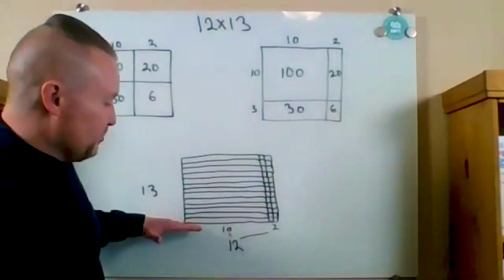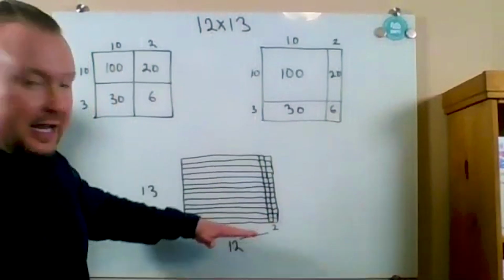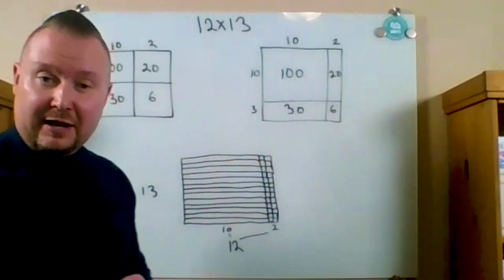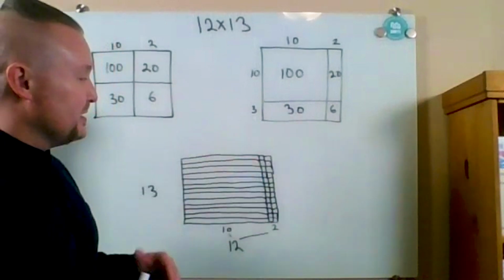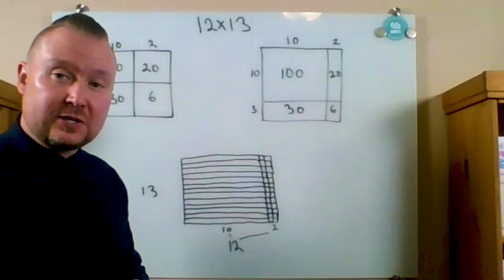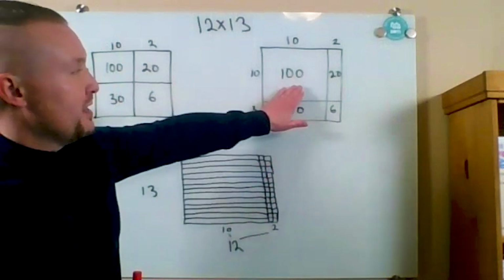Okay, so we've iterated that 12 decomposed by place value into 10 and 2, and we've iterated it vertically 13 times. Now, the reason I wanted to iterate it that way was it does match that XY coordinate plane and starts connecting to some algebraic ideas.